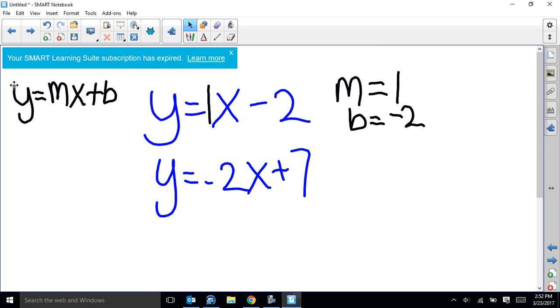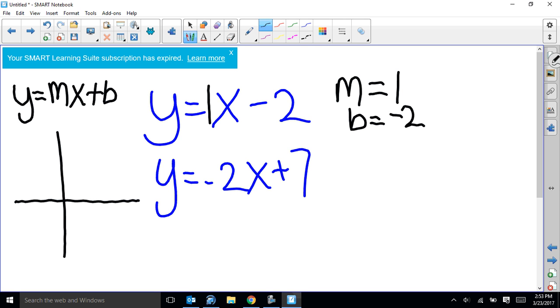What does that mean? How do we graph that? So if I'm graphing this, what do I do with that -2?